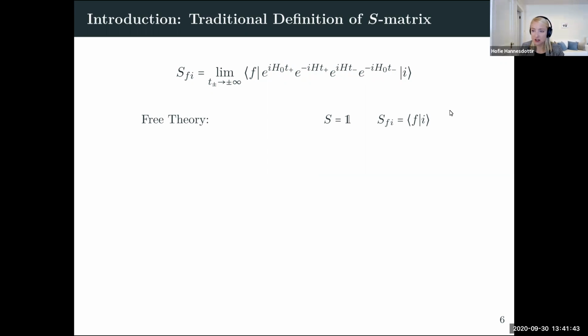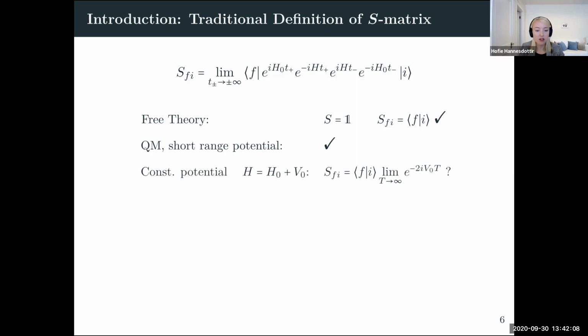This is perfectly in line with what we expect, because if nothing happens, if we're just in the free theory, then the probability amplitude of getting some final state f given some initial state i will just be their overlap. Similarly, in quantum mechanics, when we have a short range potential, we also know from multiple examples that this definition works fine.